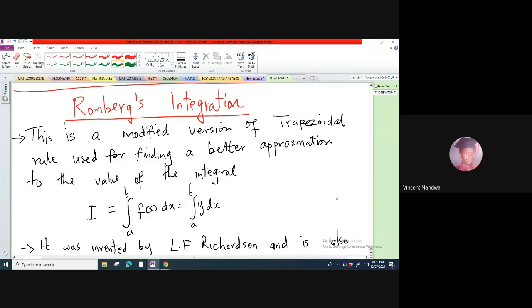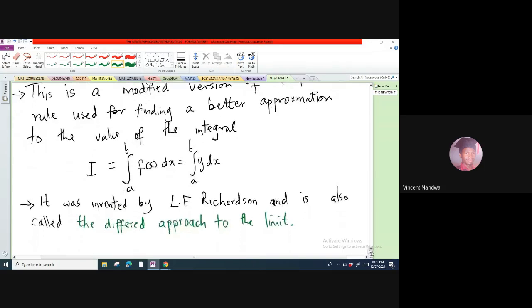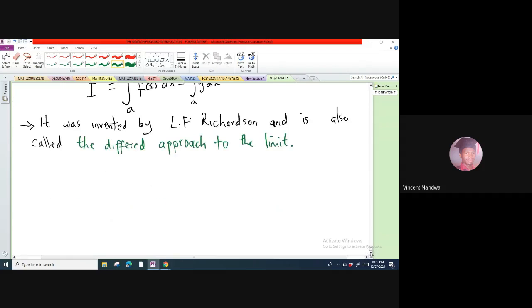It was discovered by a mathematician called Richardson. I'm going to describe how the method works and then do an example to illustrate how you need to behave when you meet a question involving this method.